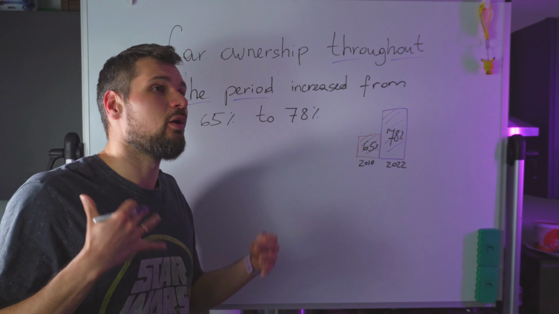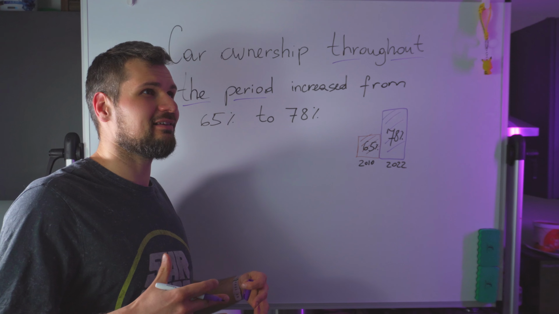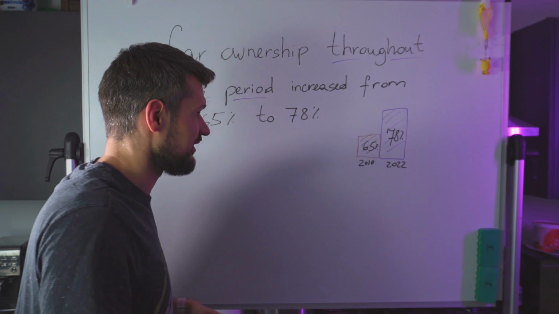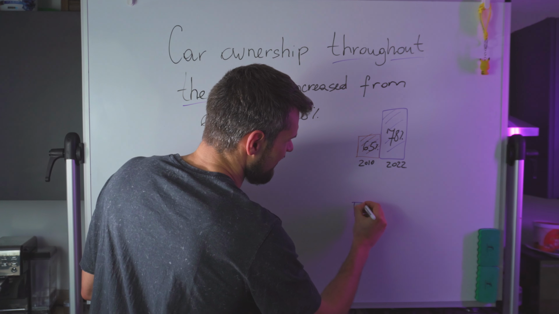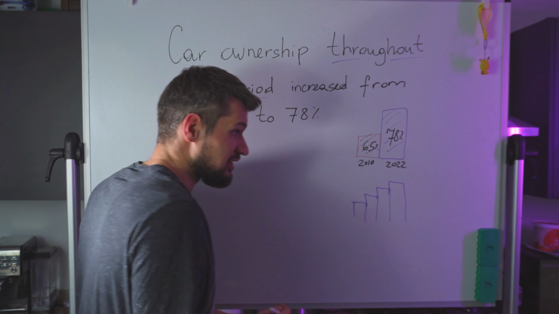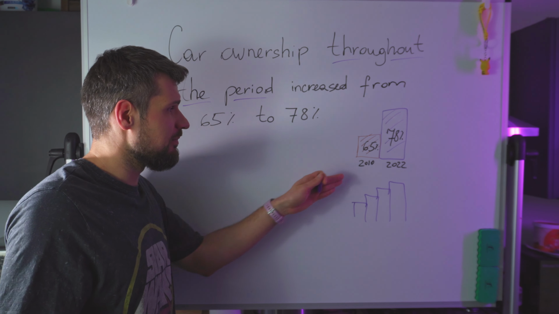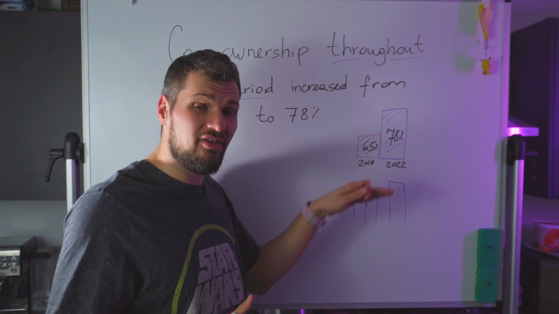Throughout the period. When we say throughout the period, that means there was an increase at every stage during that period. We basically mean the growth was like that. But we don't have this data in here because we only have snapshots of 2010 and 2022.